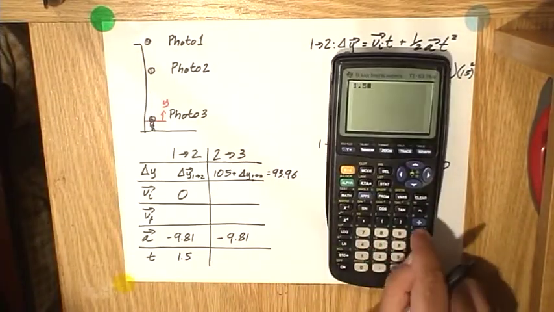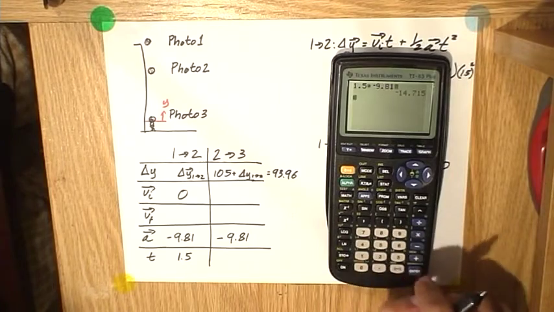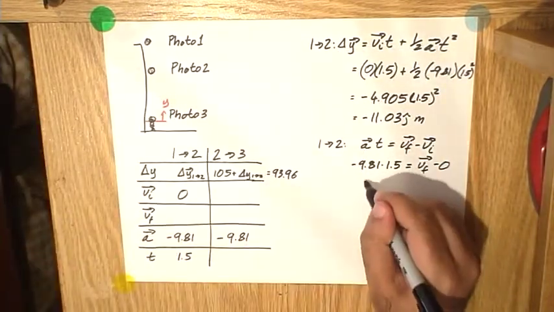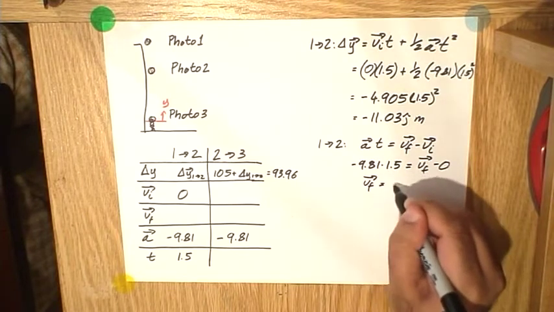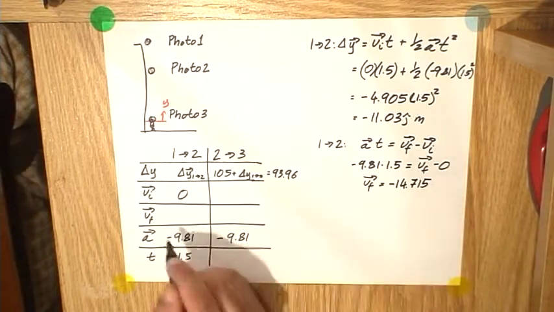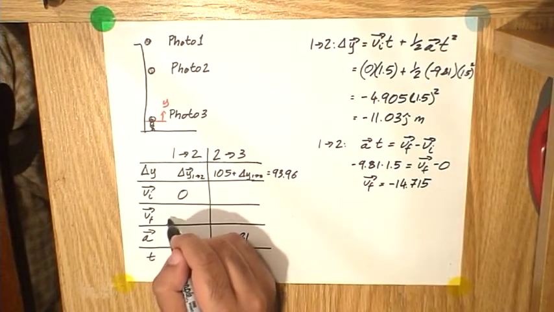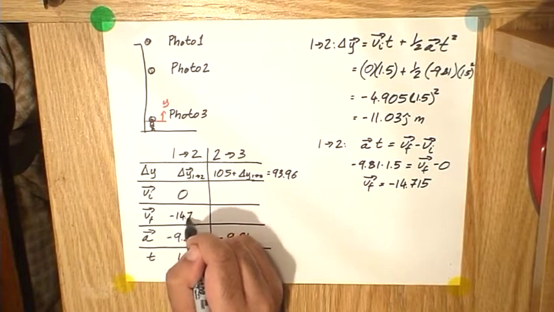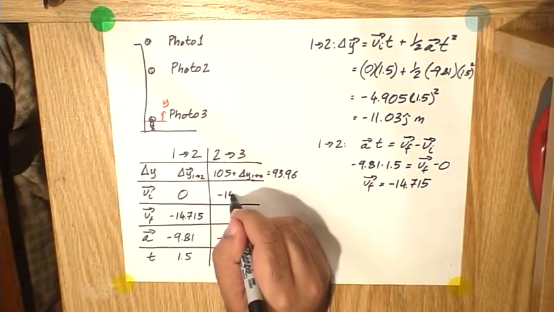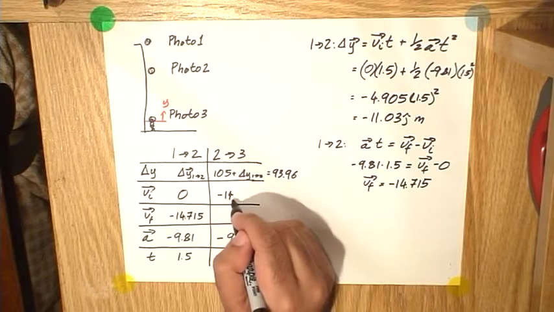So 1.5 times negative 9.81, that gives us negative 14.715. So the velocity at the end of phase 1 to 2 is also the initial velocity of 2 to 3.